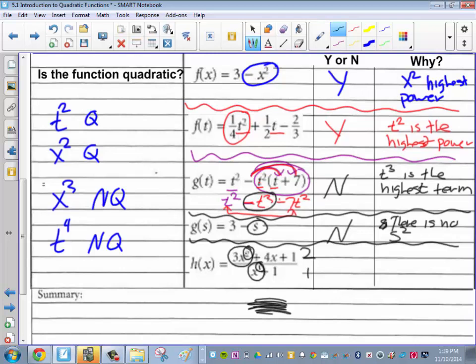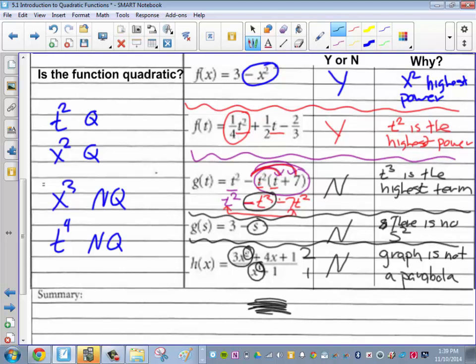So in this situation it's not, and you could graph it. The graph would not be quadratic. The graph is not a parabola. Okay? So that's another way to think about that one right there.